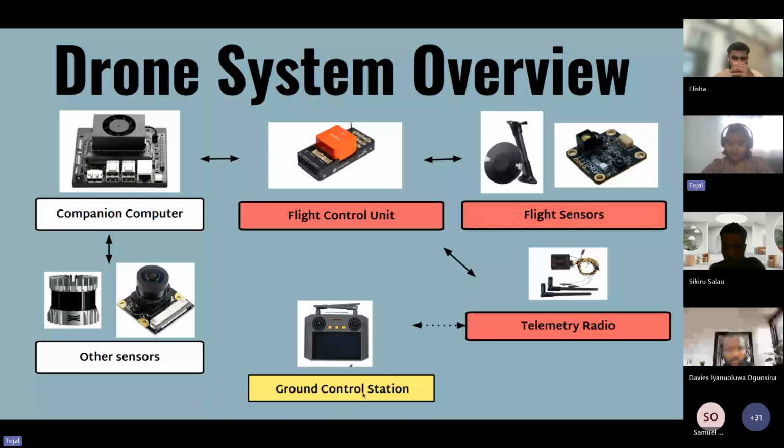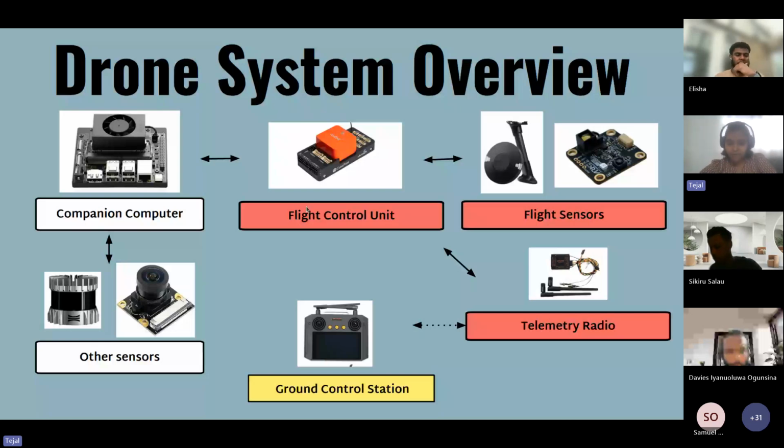It could be just a laptop through which, with software called QGC, you can monitor the behavior of the drone, or it could be a full-fledged radio control system where you also get a joystick to give commands to the drone and fly it. So the telemetry radio on the drone helps you communicate with the vehicle and monitor its status.